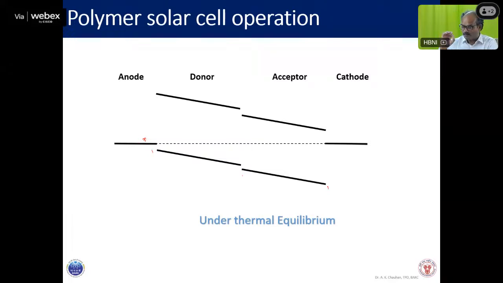And when this is illuminated and the carriers are generated, this will not hold good. Then the Fermi level will not remain flat. So just keep it in mind. This illustration is only to give you an idea of how these solar cells actually work.